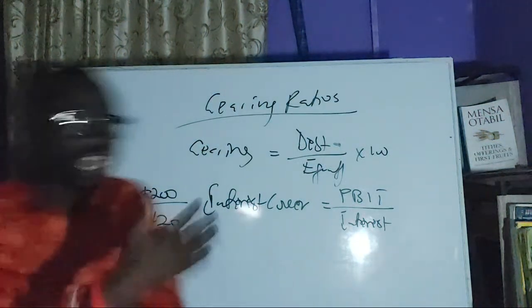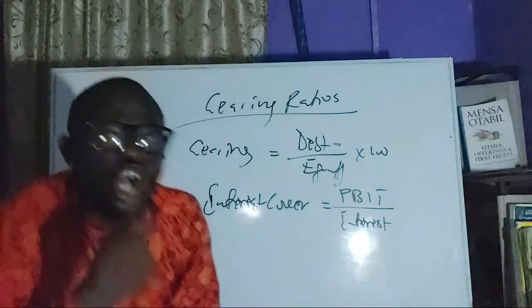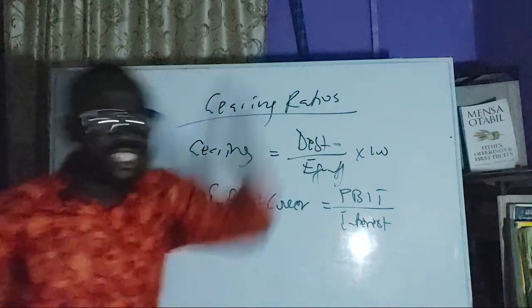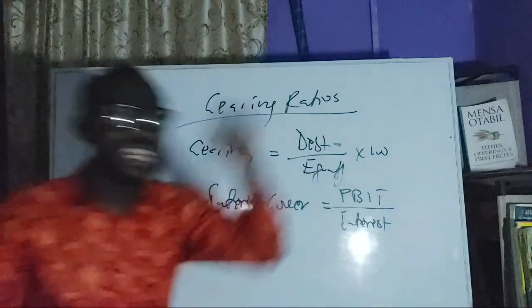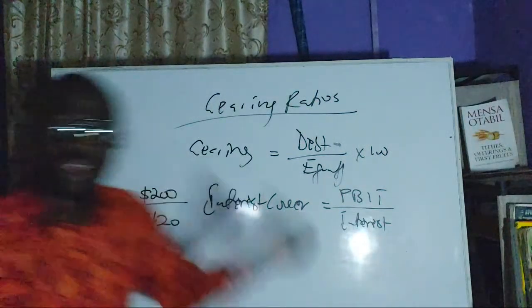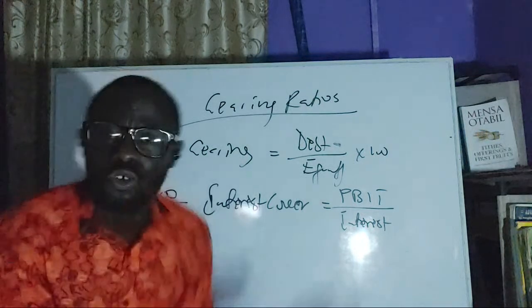It means the organization is not in a good position. It means we are not a profitable company. So this is how we determine whether the gearing is good or bad for the company. If we make a profit of 200 and we are supposed to pay an interest of 420, then that is not good for the company.